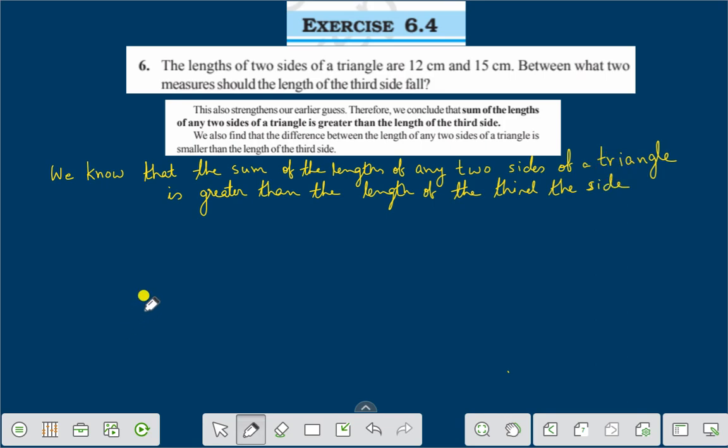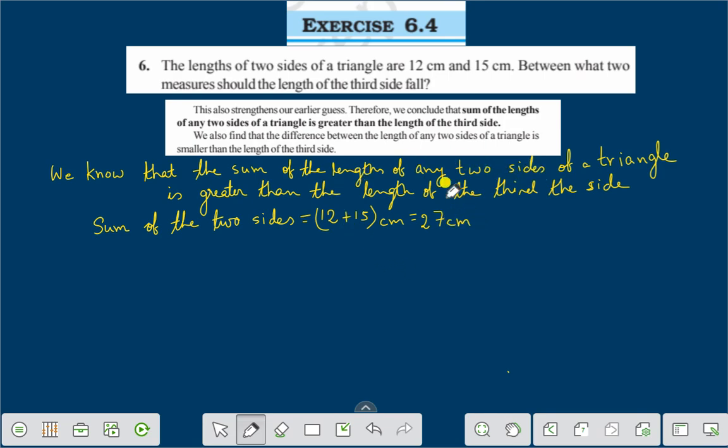Therefore, the sum of the two sides of the triangle is 12 centimeter plus 15 centimeter, that comes to 27 centimeter, right?